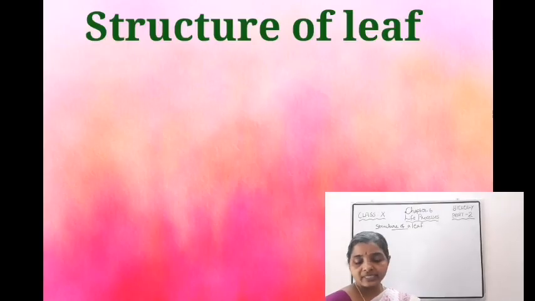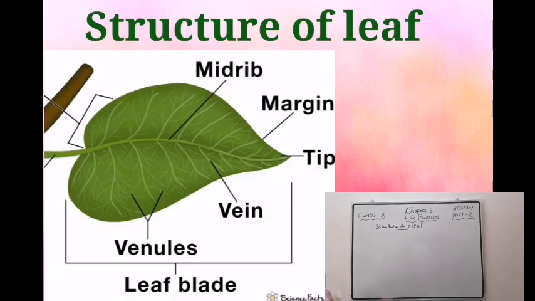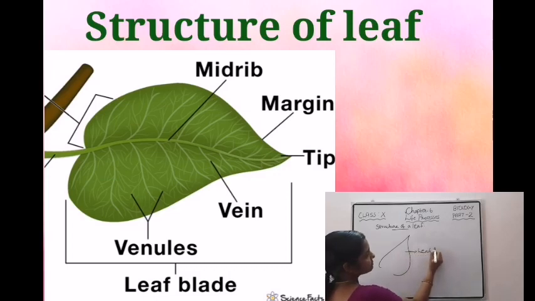Before going to the detailed process of photosynthesis, first we need to study the structure of a leaf. A typical leaf consists of a leaf lamina. This green colored region is the leaf lamina, or we can say leaf blade also.